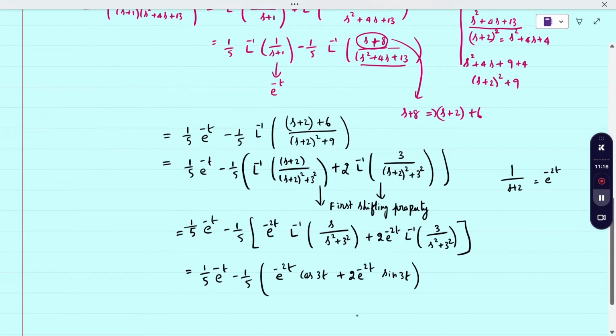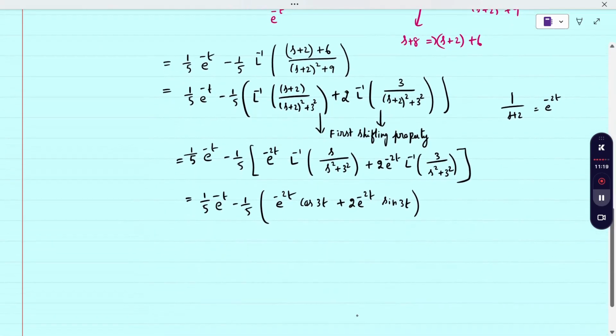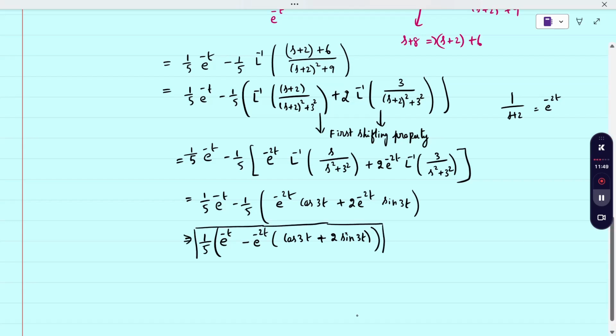Now taking 1 by 5 and e to the power minus t commonly outside, the final answer is 1 by 5 e to the power minus t minus e to the power minus 2t times (cos 3t plus 2 sin 3t). This is the final answer for the partial fraction problem, and this is the way we have to do it.